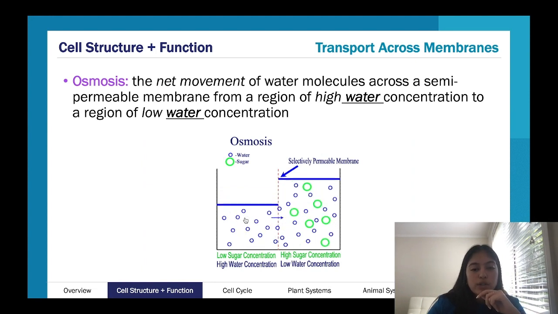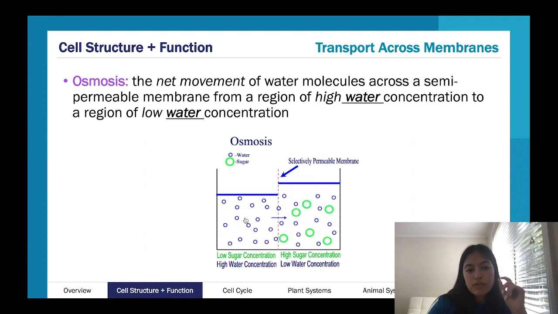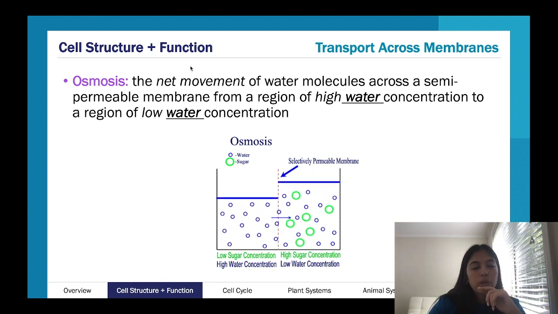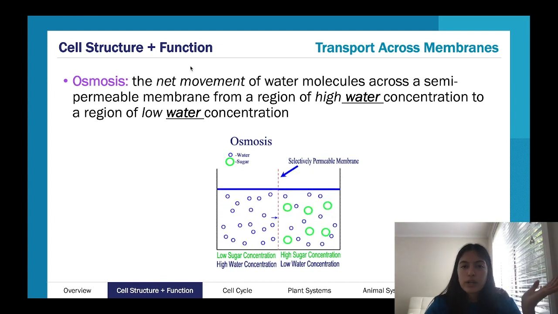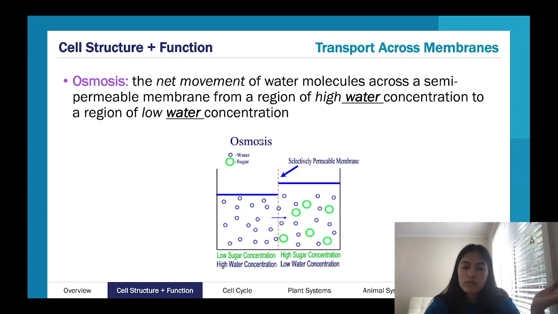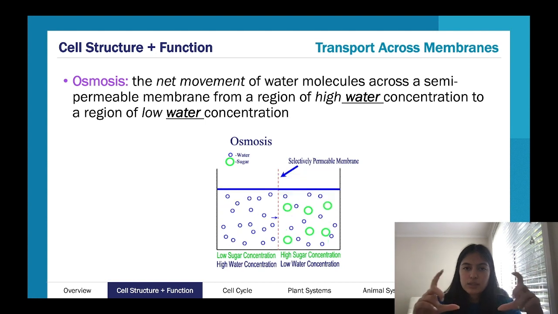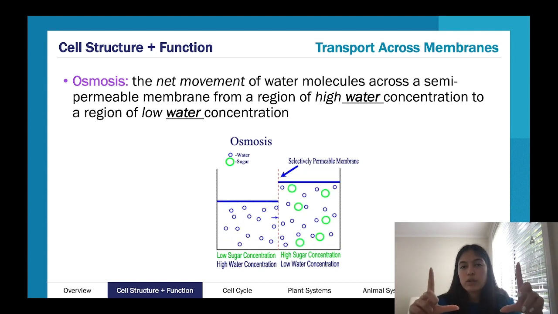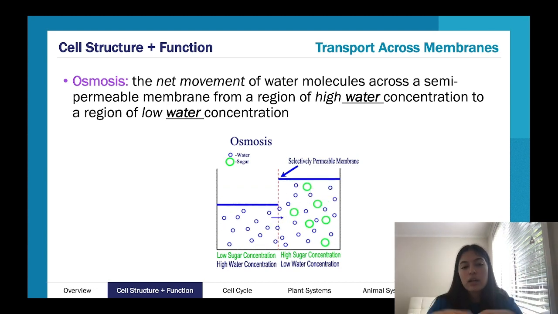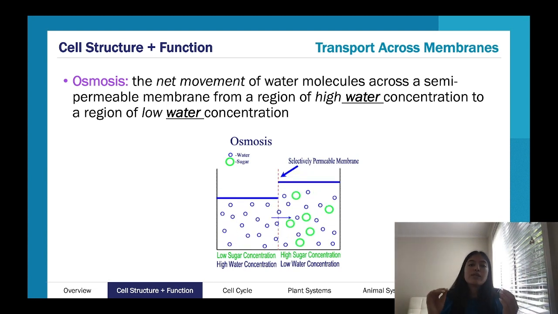Okay, in terms of osmosis, this is a very specific definition you have to be aware of. Net movement. You would have seen the word net in the other definitions as well. If you remember that little animated GIF we looked at, with the red molecules dispersing through the black square, the molecules never stop moving.